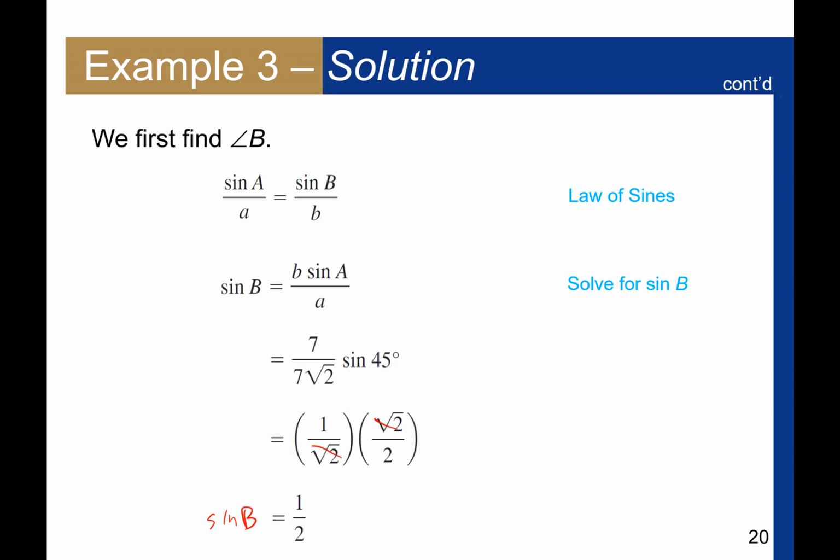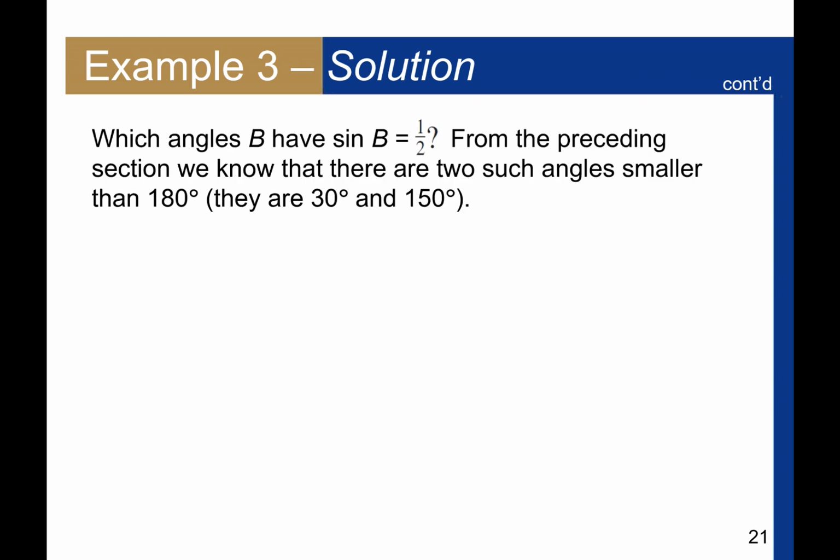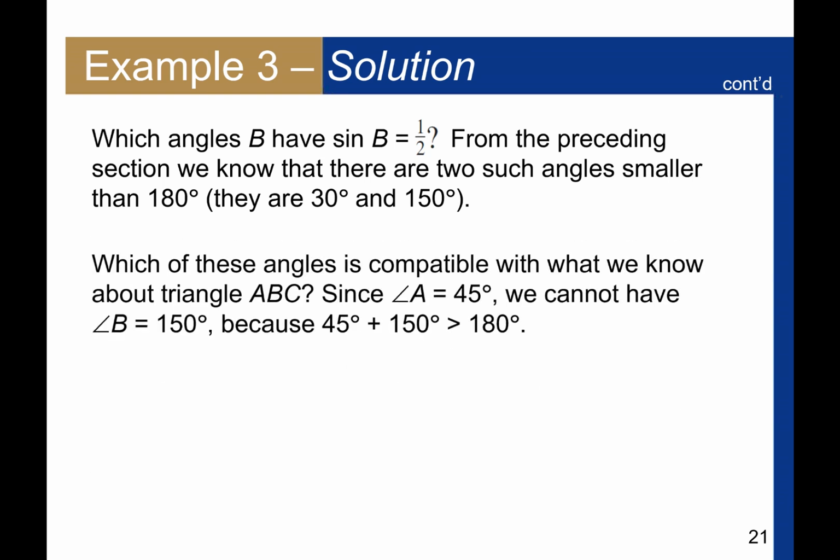What angle has a sine that's equal to 1/2? Oh, wait, hold on. It's 30 degrees. That's from our chart. But couldn't angle B also measure 150 degrees? Again, this is where we're talking about the ambiguous case.